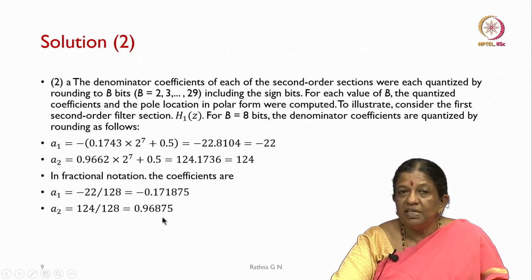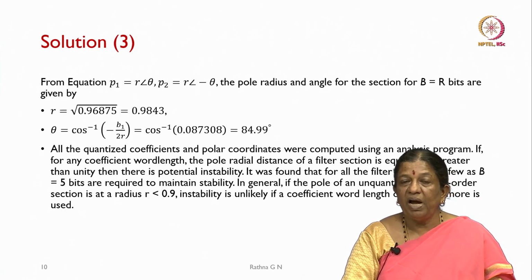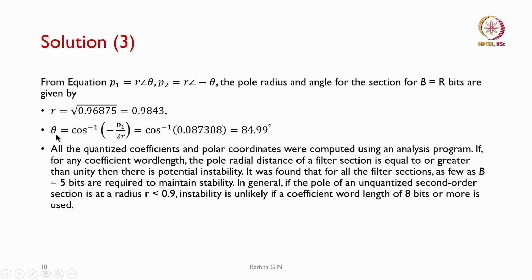So, you have seen that because we have taken a round off, it has got a little bit increased compared to the original one. So, with this you can go back and calculate your r and theta value, and see that what we are going to get is 84.99 degrees.